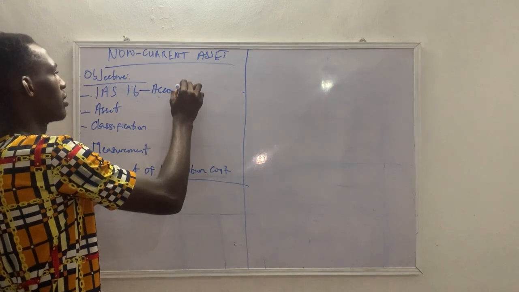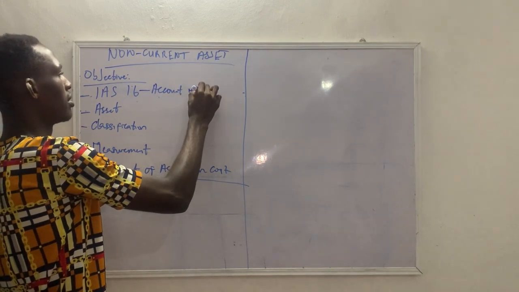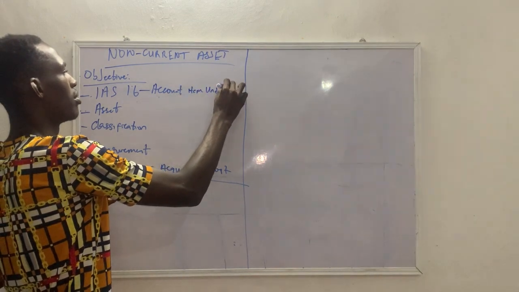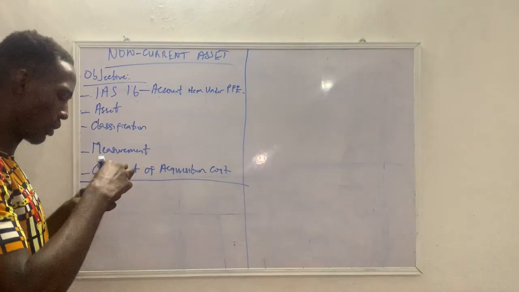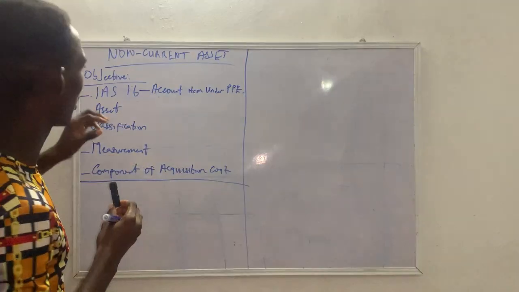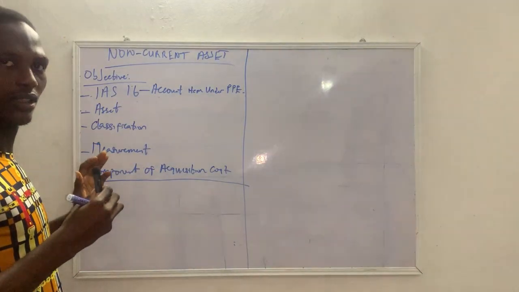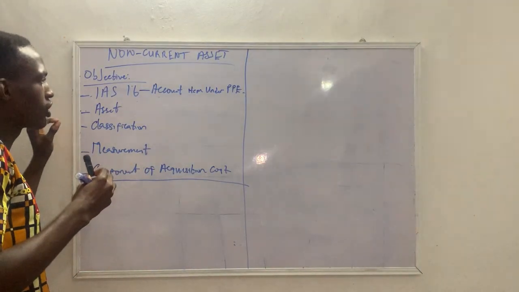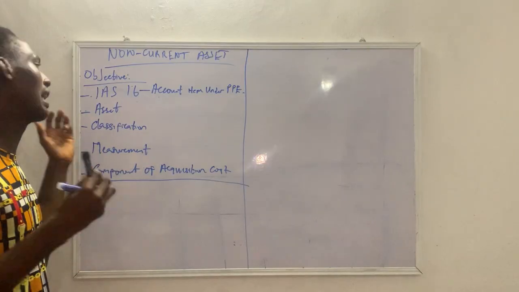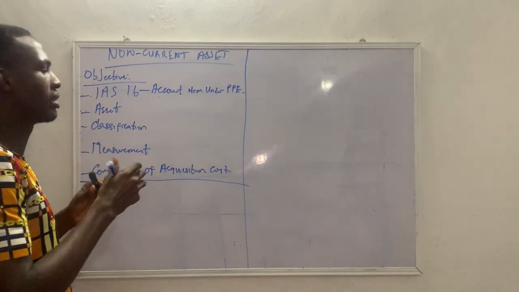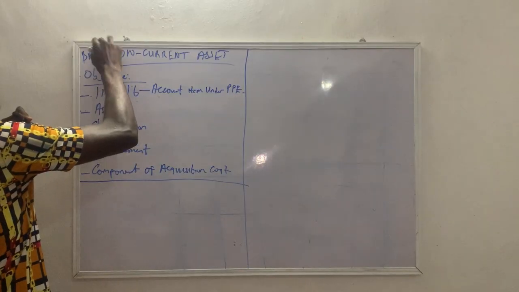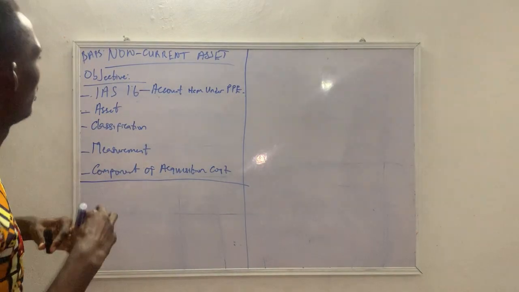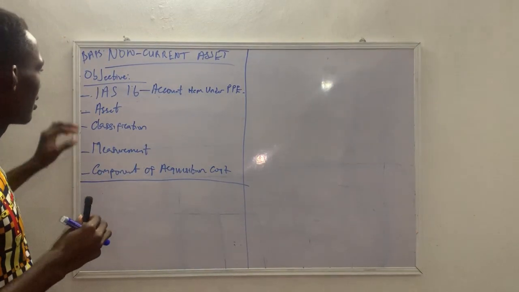How to account for items under property, plant, and equipment. That is what is basically talking about our non-current asset. How do we account for it? You understand? So they will touch the short form or the basic form of IAS 16 because what we are dealing with is basic accounting process, BAPS, for ATS1 students.